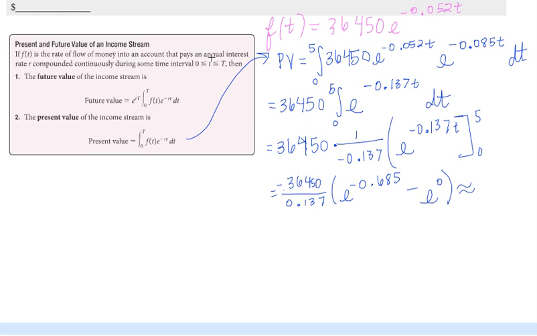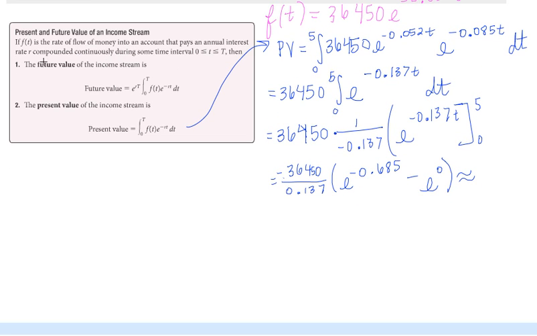Let's go on and find future value as well. Let's do the setup for that.